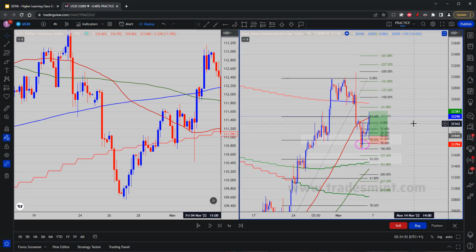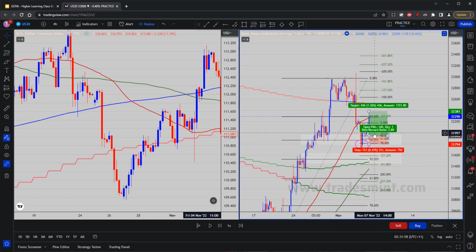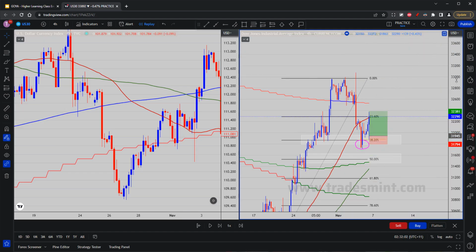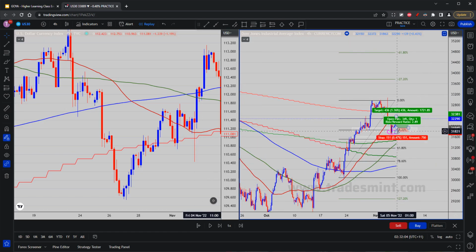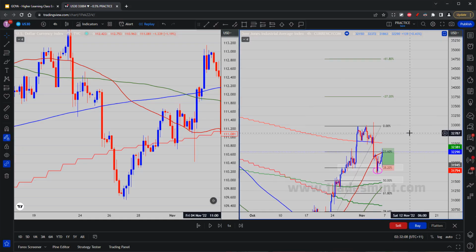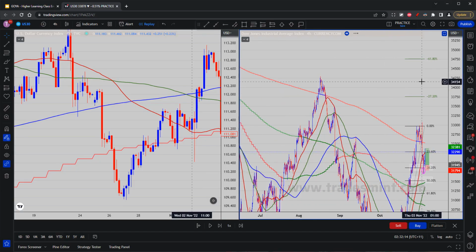So 151 points here. And then for the take profit, well, we have a couple choices. For the take profit, we're not going to use the small fib because the small fib was just used to validate this support. So now the small fib is not necessary anymore. We can remove it and go back to our large fib, the 38.2 fib that we used in the beginning. So basically we have an extension at minus 27 and an extension at minus 61.8.